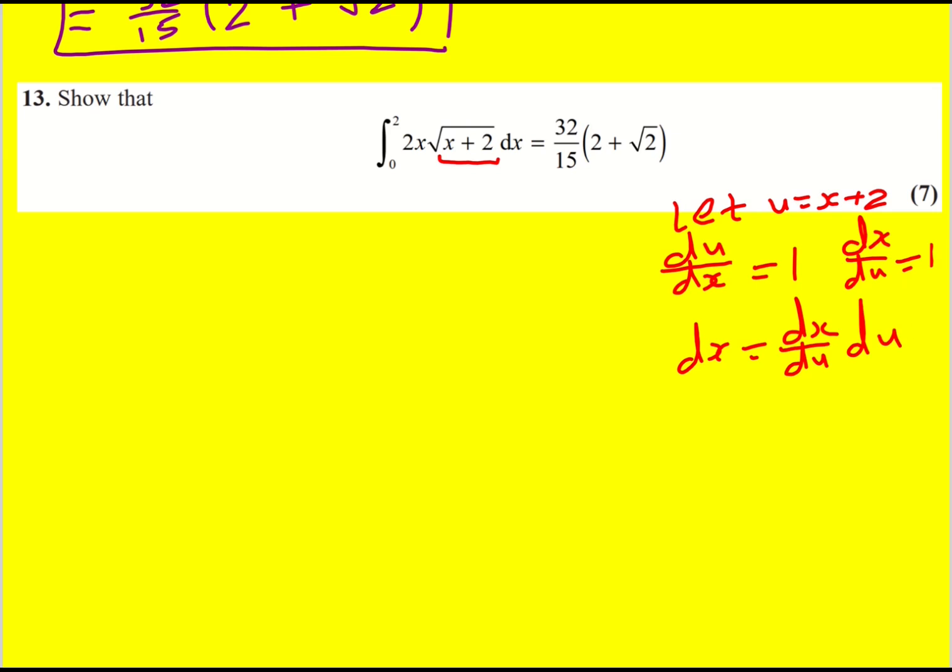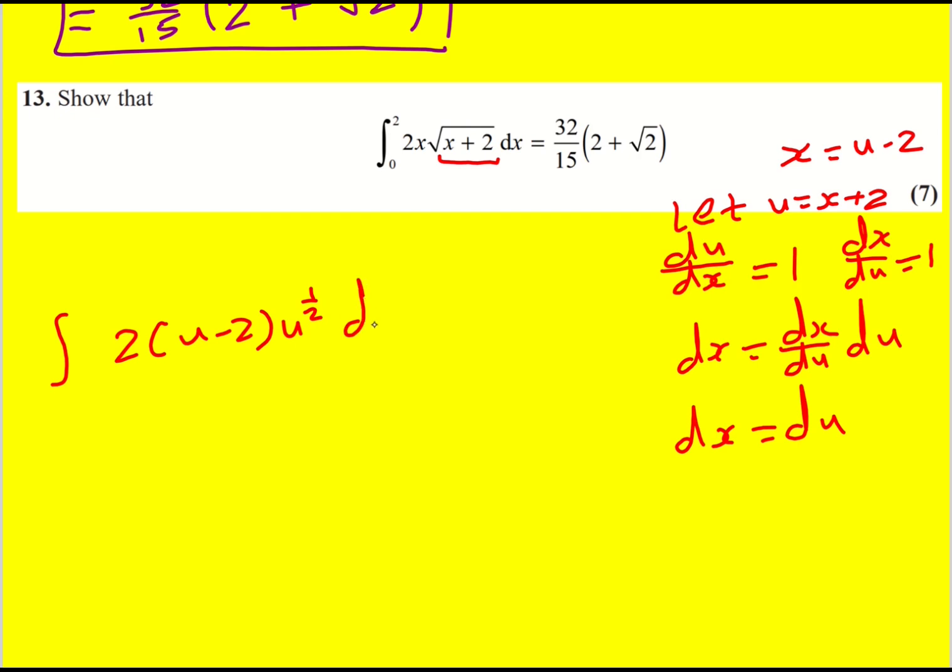That's kind of how I do it, using the chain rule. Or you might be somebody who likes to write dx in terms of du. In any case, we're just basically going to be able to swap it all around. And then x is going to be u minus 2. So 2 times (u minus 2) times root u, or u to the half, du.